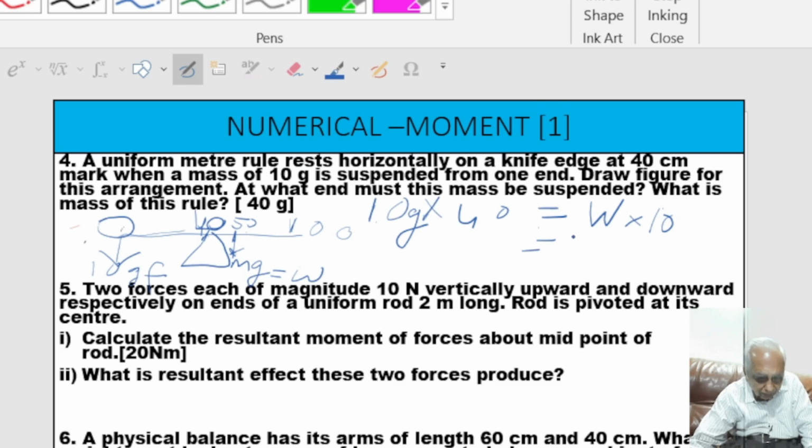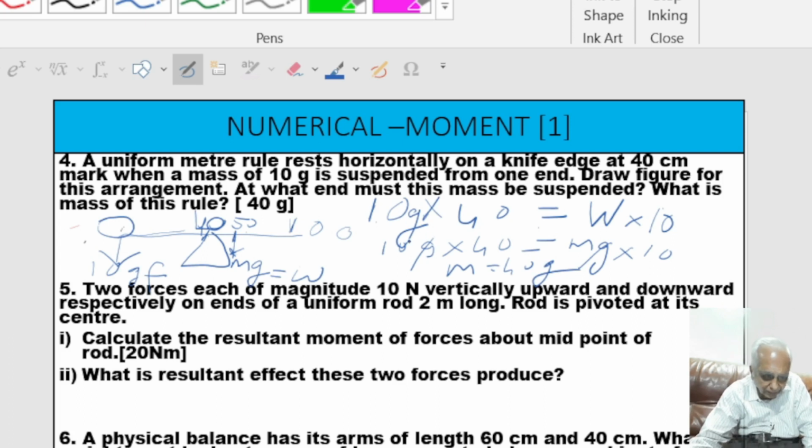So 10 g into 40 equals m g into 10. The g cancels from both sides, and 10 also cancels, so m is equal to 40 gram. This g in 'gram' is different from the g that is acceleration due to gravity. This is how this sum is to be done.